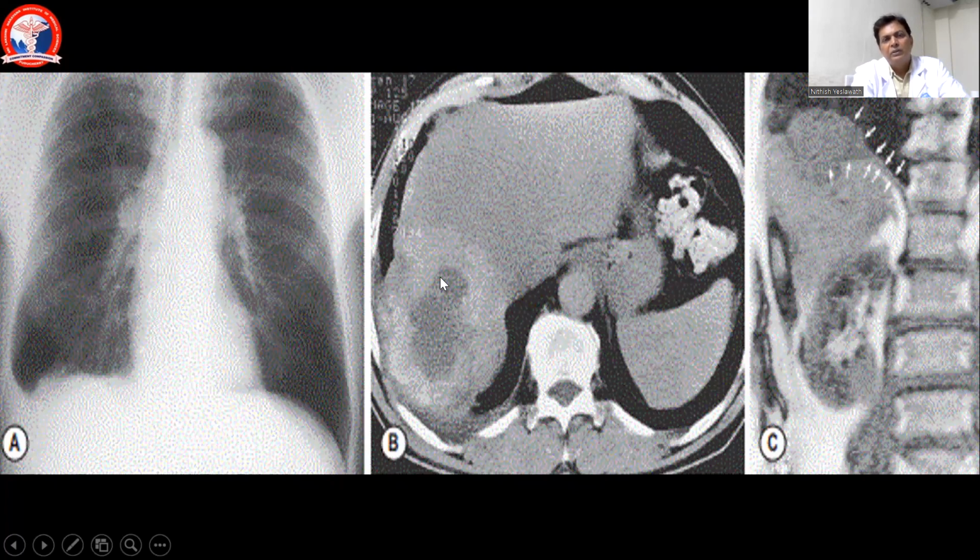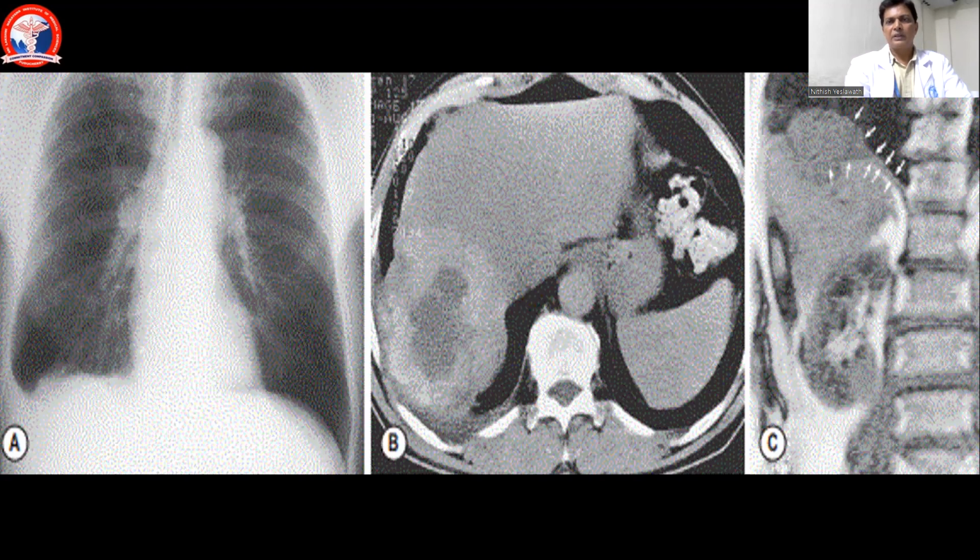The lesion is indenting into the lung as well as invading the liver. So this is an aggressive lesion invading the liver, and this turned out to be a primary malignant tumor of the diaphragm. So it's a diaphragmatic malignancy.